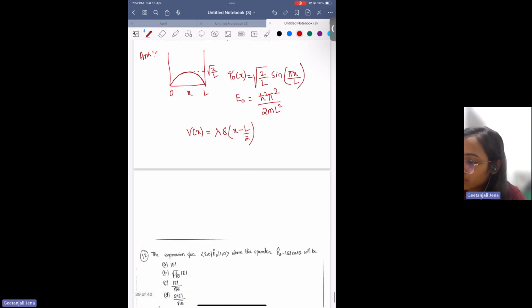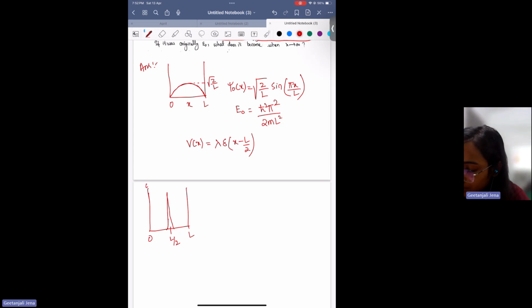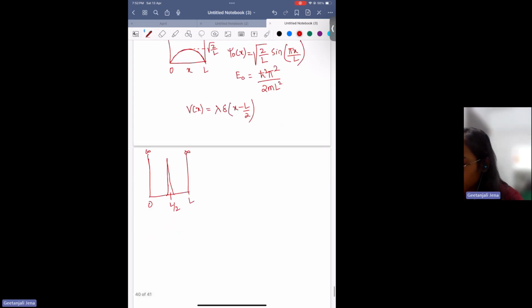So the question is asking about what happens after adding a delta potential here, which is repulsive type, at x equal to L by 2. How do the energy as well as the wave function get affected?